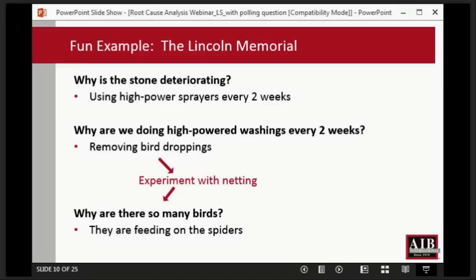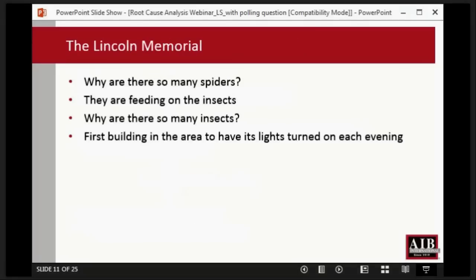So we need to ask the question: why are there so many birds? The answer is that they are feeding on spiders. So if we're applying a technique for root cause, why are there so many spiders? They are feeding on insects. So we need to ask ourselves, why are there so many insects?